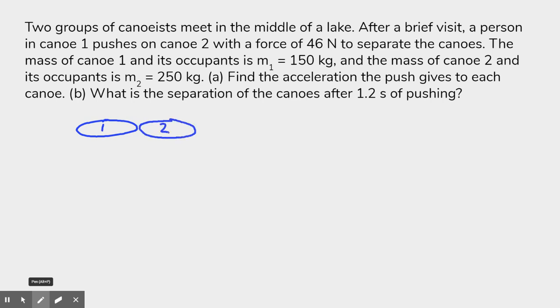And we know that someone in canoe number 1, and I'll use a different color, is going to exert a force on canoe number 2 that's equal to 46 newtons, which means, and remember, for every force, there's an equal but opposite force, that the second one will also have a force on canoe 1, but it'll be equal magnitude in the opposite direction. So negative 46 newtons in that direction.